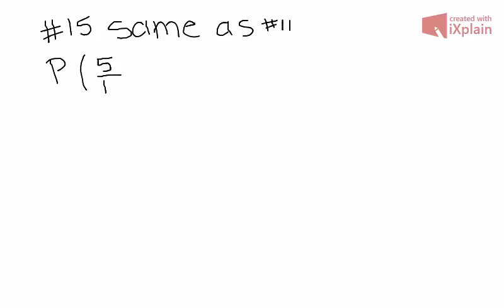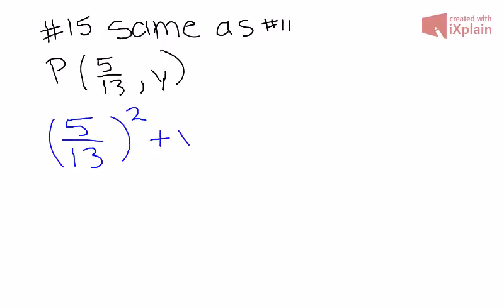Alright, number 15 here. Very, very similar to number 11. Pretty much the exact same. So I'll just run through it quickly here. It's the exact same steps. We're just plugging it into that equation of the unit circle, x squared plus y squared equals 1.